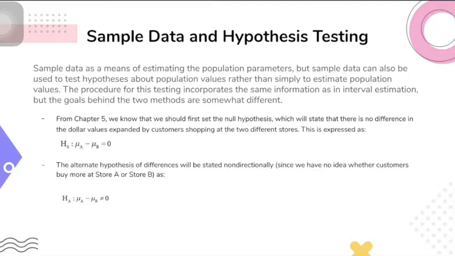From Chapter 5, we know that we should first set the null hypothesis. The alternate hypothesis of differences will be stated non-directionally. So as per usual, we state our hypothesis equation, the difference equals 0 and not equals to 0.